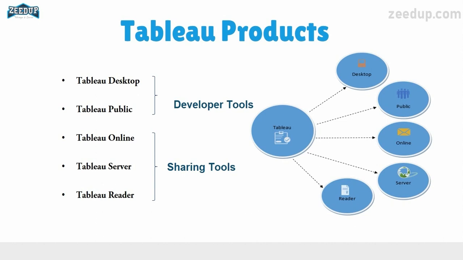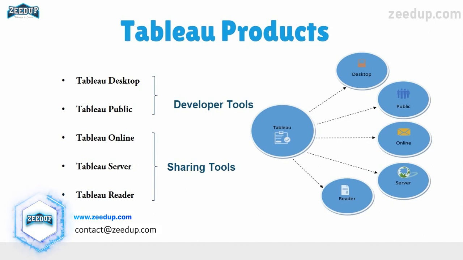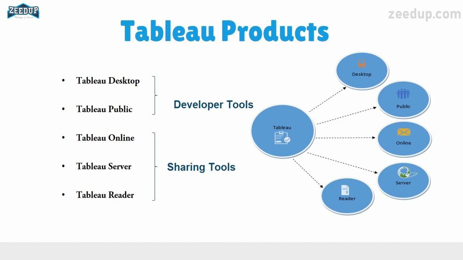Tableau Desktop Personal, as the name suggests, is the version that keeps the workbook private and the access limited. Workbooks made with it cannot be published online. Therefore, they can be distributed only offline or through Tableau Public, which is our next product.